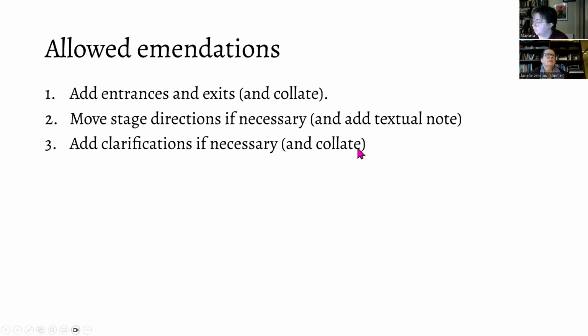Again, you would collate. So important point here, it has been editorial practice for over 100 years to put editorial stage directions in square brackets. When DRE was putting together its editorial guidelines, we asked ourselves if those square brackets were really performing a useful function and if there was another way we could handle things.